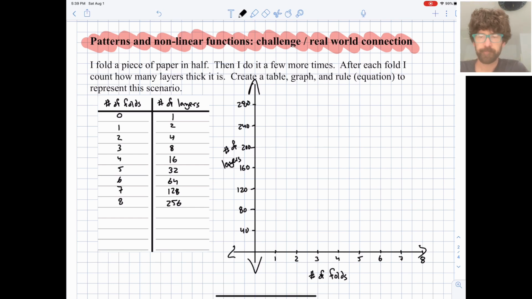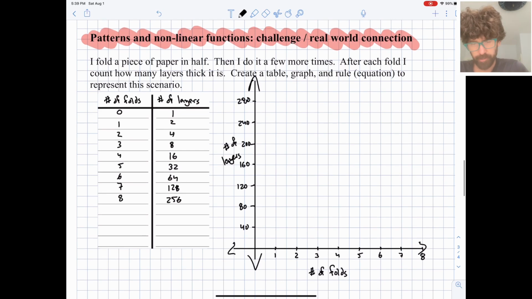Let's plot our points. If you didn't know already, this is a classic example of exponential growth. And exponential growth is really notorious for starting out really, really slow. It's starting so slow, it's hard to get all these points down so close to the x-axis. 3, we're at 8. 4, we're finally a little bit of ways off the x-axis.